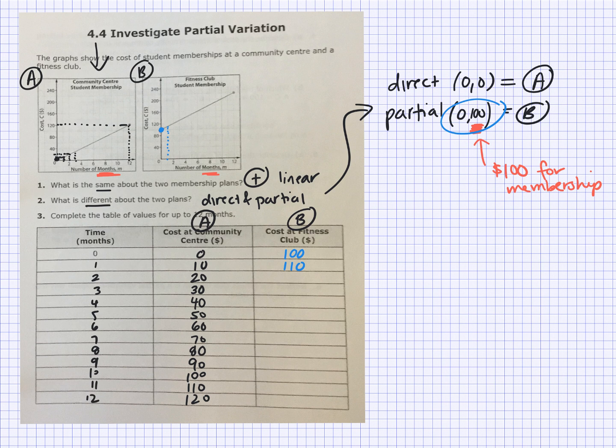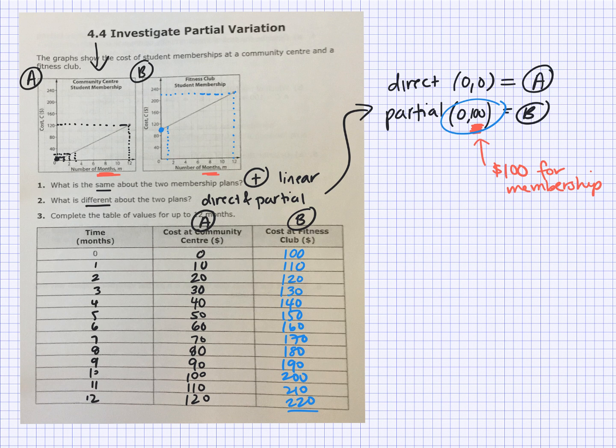So you're actually paying $110 just for 1 month at this gym because you had to pay the $100 membership fee. Okay, 120 for month 2, 130. Let's double check. For 12 months at the fitness club, you're going to end up paying $220. That's correct.